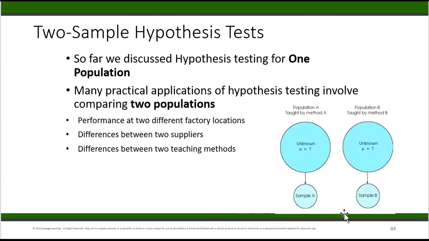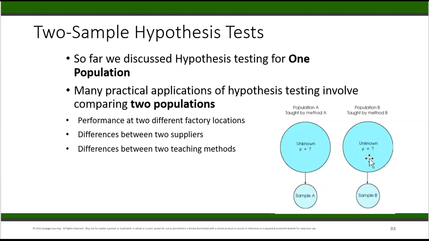If you have two suppliers and you want to see which one has a shorter lead time, you have orders, historical and future, coming from supplier one, that would be your population one, but your sample is going to be from historical orders.